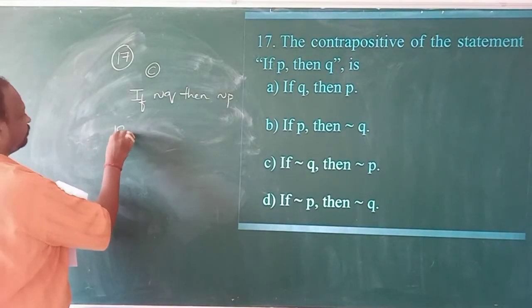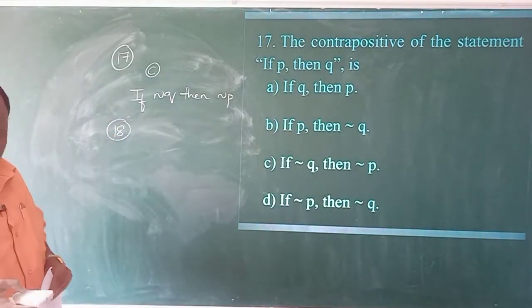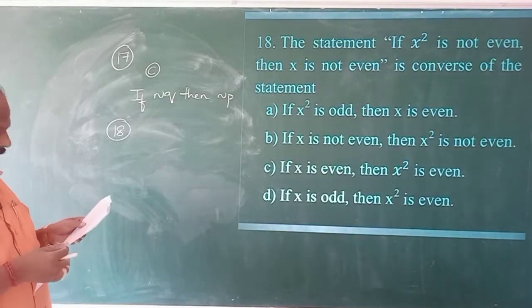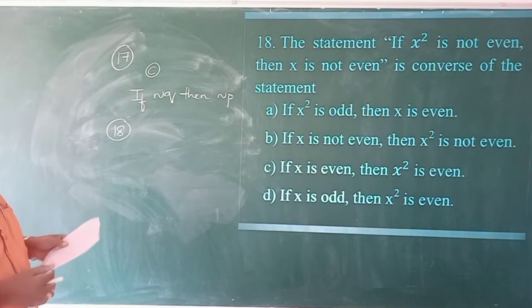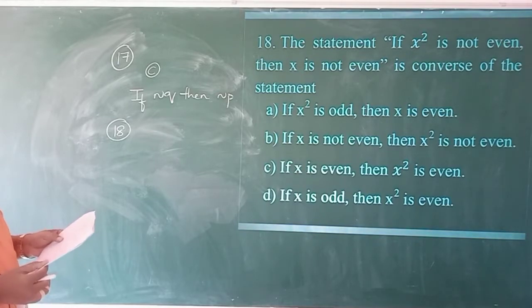18th one, we have to write the converse. If x square is not even, then x is not even.